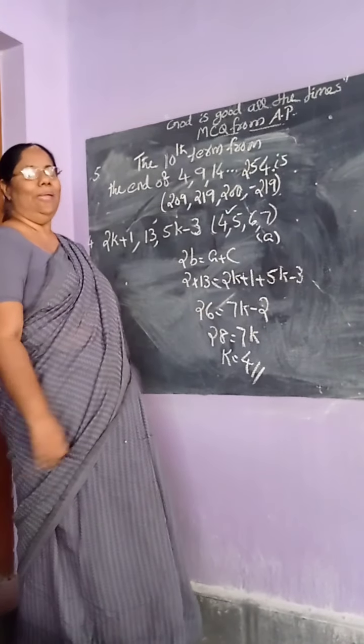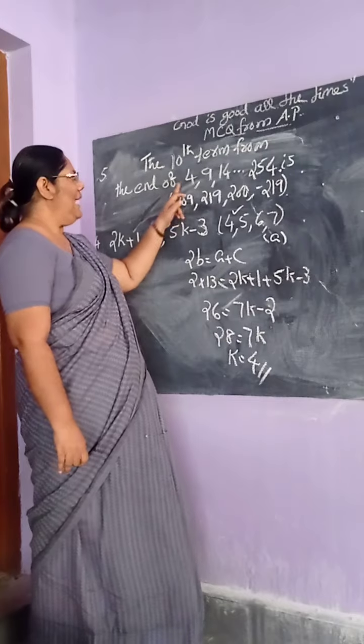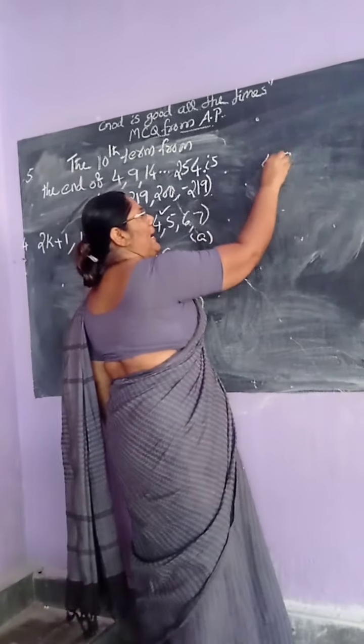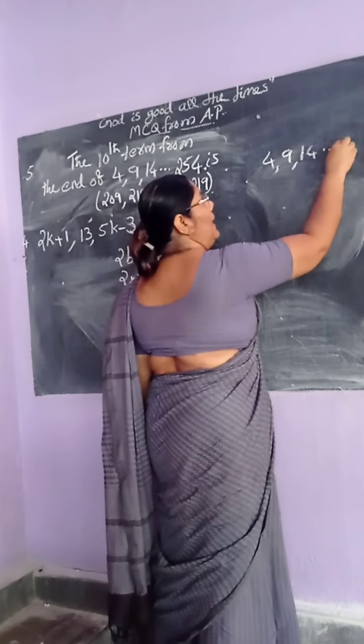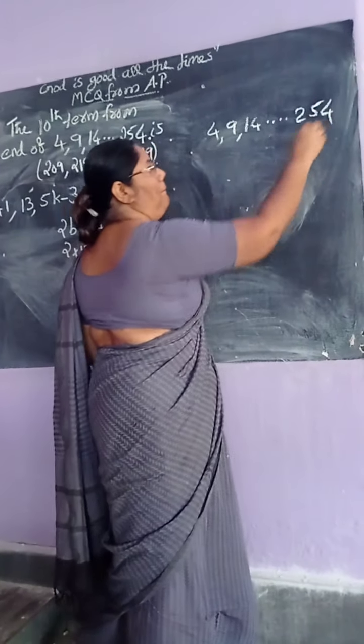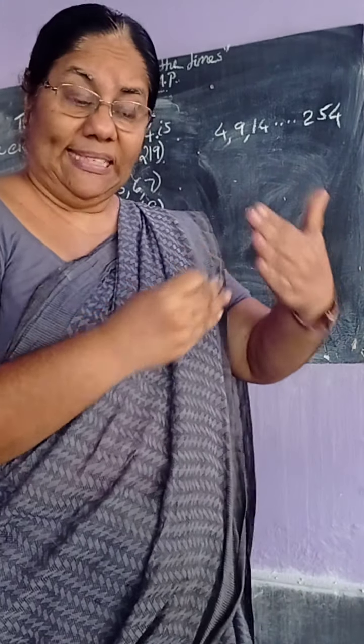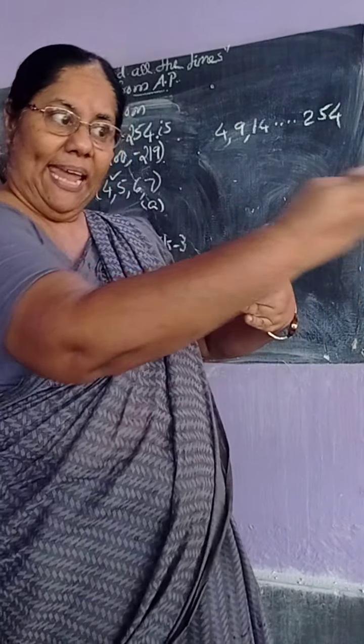Look here, the method. Can you say what is the common difference of 4, 9, 14, etc., 254, the AP given? Our aim is to find the 10th term from the end.